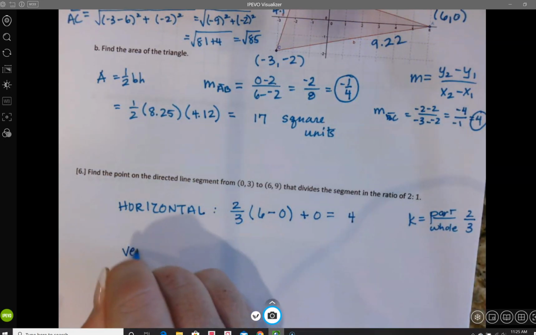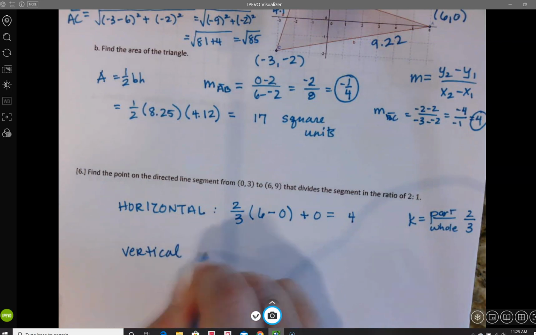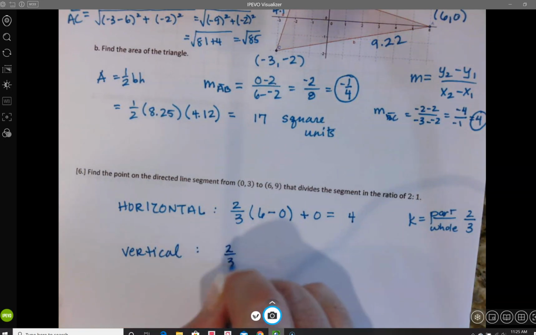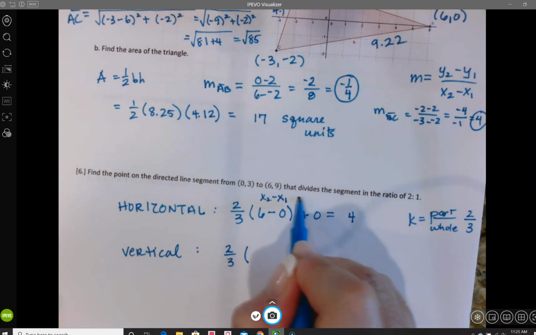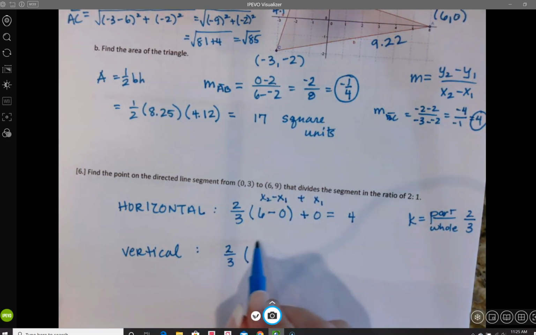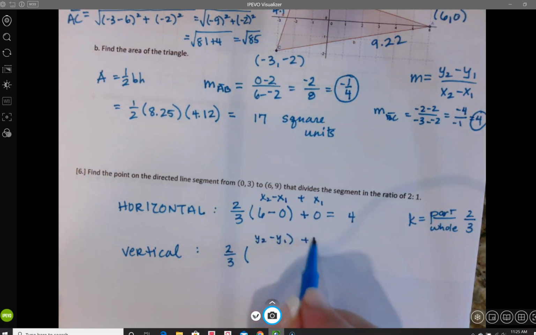Then to do the vertical, I'm using my k value again. So this was x2 minus x1 plus x1. And then here is 2/3 times y2 minus y1 plus y1. So y2 is 9, and y1 is 3, plus y1.